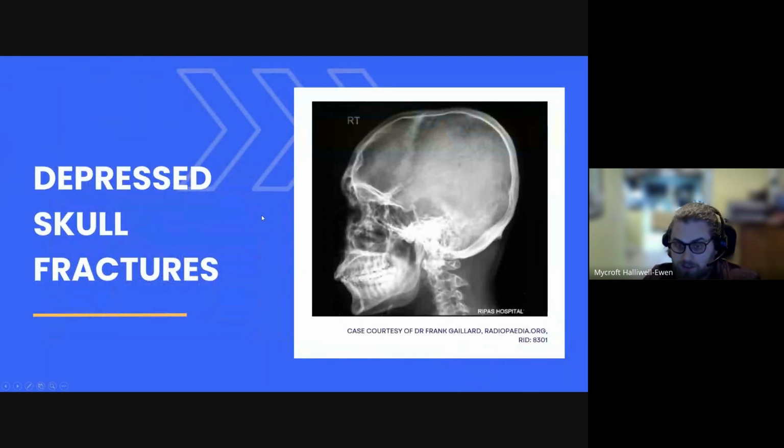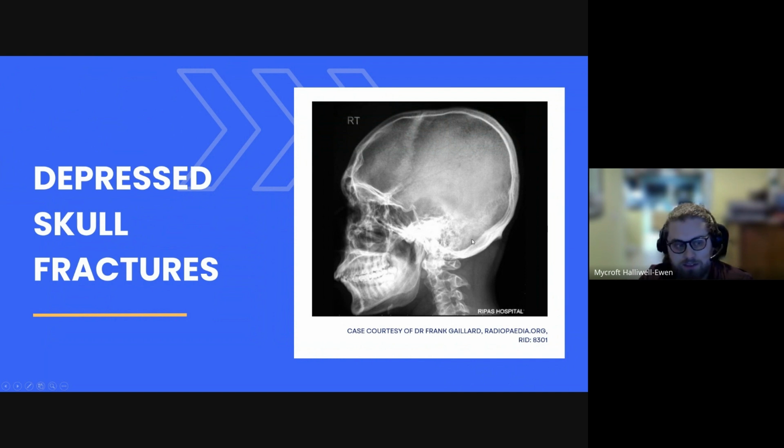Depressed skull fractures are different. Linear skull fractures are nearly always blunt trauma, but they tend to be high energy trauma spread over a larger area, so things like falling and hitting your head.